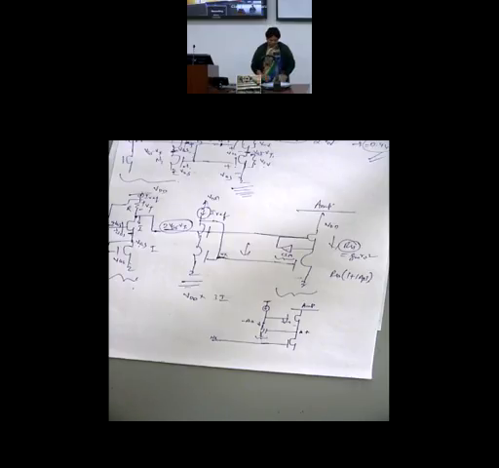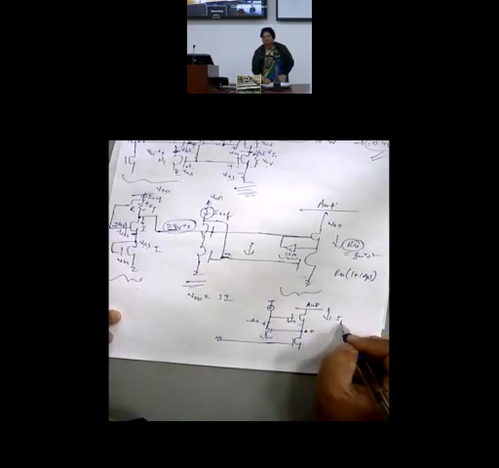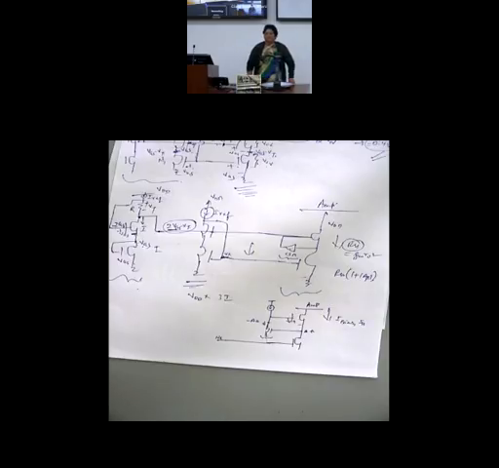ISS changes very, very little or negligibly, or it doesn't change at all. So I am able to stabilize my current source. That is, RSS going to be very, very high. That is what I mean by RSS to be high. Change in the current is very less. R is VSS by ISS. If ISS is not changing or changing very little, RSS will be very large.